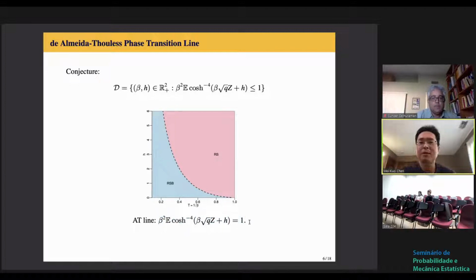There has been some progress on this conjecture, but overall, how to show that 89 is exactly the boundary distinguishing the high temperature and low temperature regimes is still open at this point.